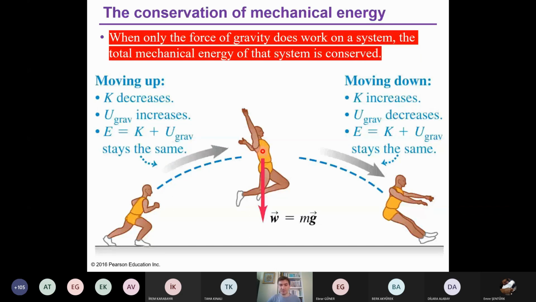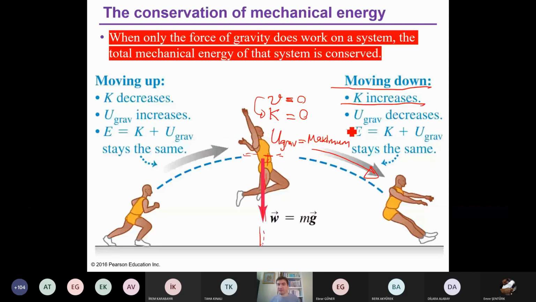Let me write here. Let's consider that at this maximum height, his velocity is 0, momentarily at rest. For this reason, his kinetic energy is 0 since the velocity is 0 momentarily. And then at this condition, gravitational potential energy is maximum, okay? Because he reaches his maximum height.